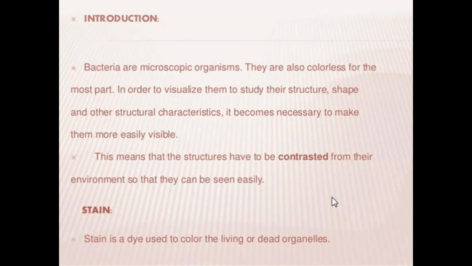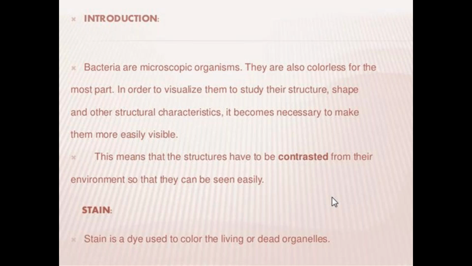Normally microscopes are used for the visualization of microorganisms. To observe under the microscope, we have to enhance the contrast of what is present in the sample, and that enhancement of contrast is mainly done by using stains or dyes.